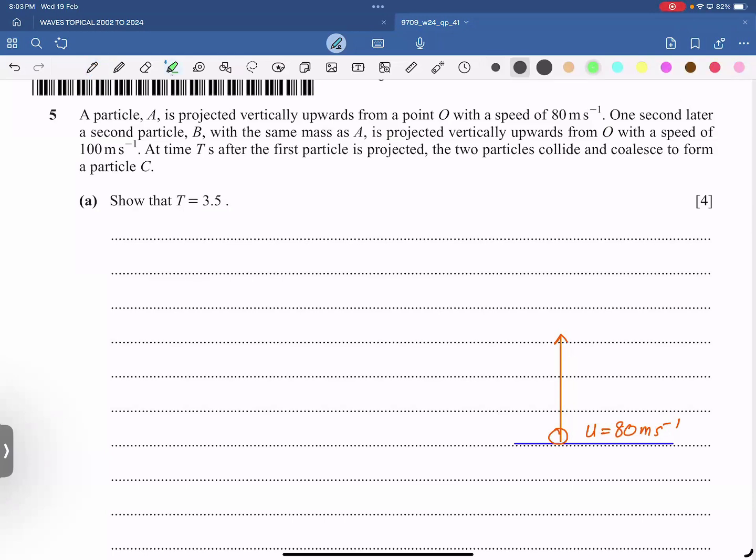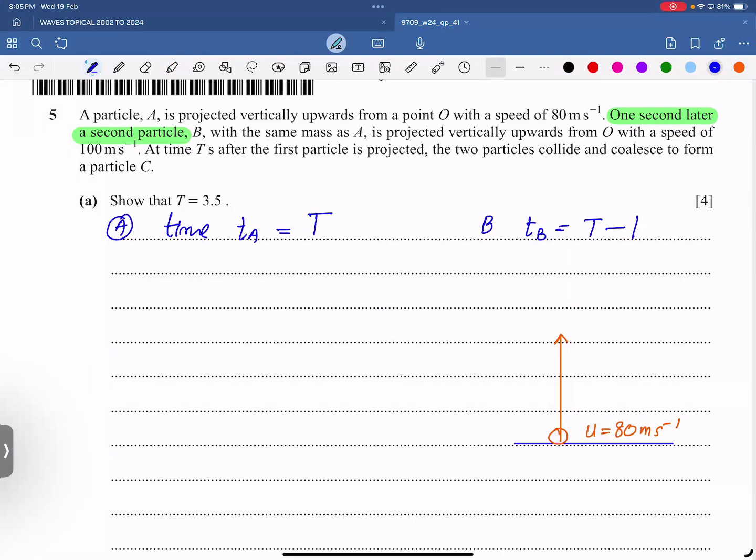So here there is a trick which you need to take care of. Dear students, 1 second later, a particle B with the same mass as A is projected vertically up from O with the speed 100 meters per second. So if for A the time is t, for B the time is t minus 1.